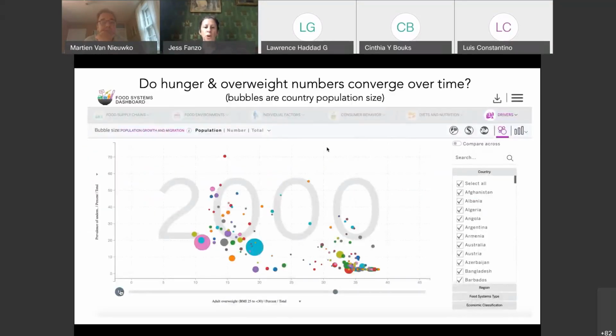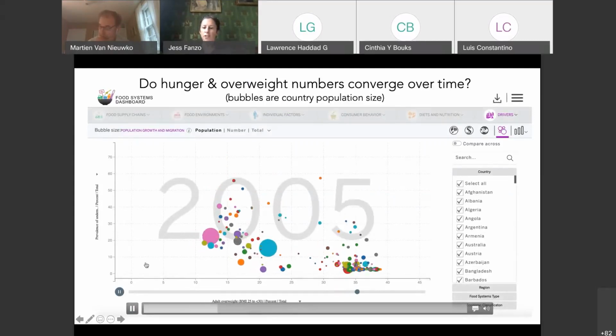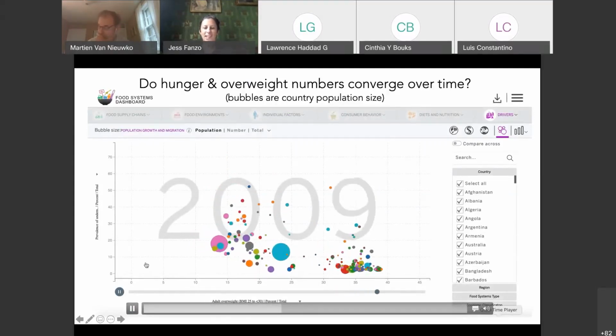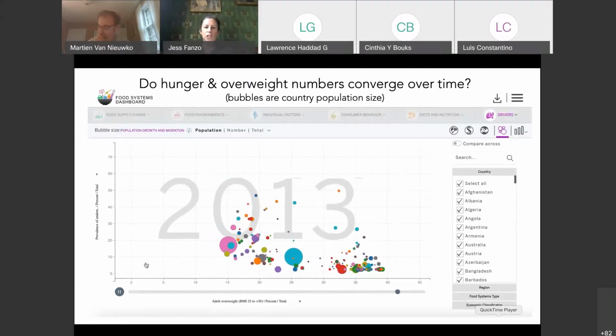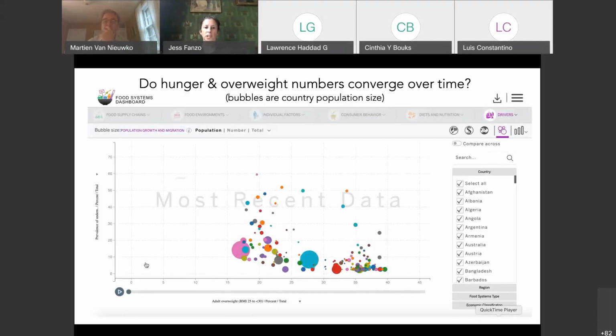You can also compare associations of indicators. This is showing you the prevalence of undernutrition on the y-axis and adult overweight over time, the Hans Rosling approach to looking at data and looking at the convergence and the associations of those two indicators.